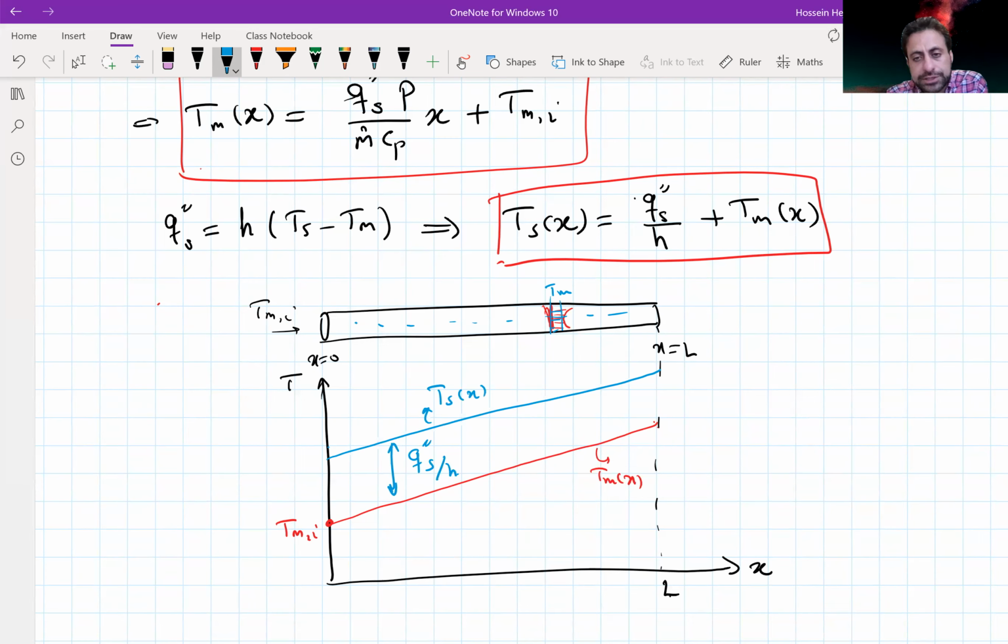So the mean temperature for constant flux varies linearly along x with the slope q double prime s P divided by m dot cp. The surface temperature also varies linearly with respect to x, and the distance between them is constant, equal to q double prime s divided by h. Next, I will do the same analysis, but for a constant wall temperature.